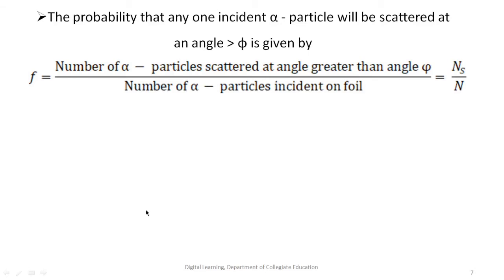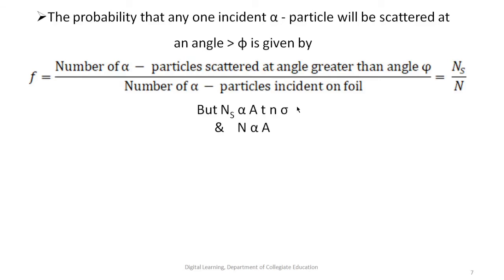Let us assume the number of alpha particles scattered at an angle greater than phi is ns, and the total number of alpha particles incident is capital N. Then ns is directly proportional to A T N into sigma.